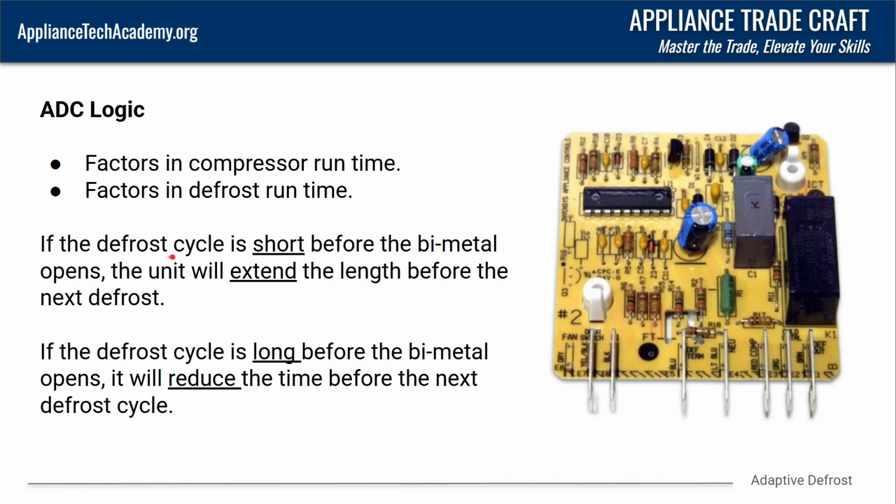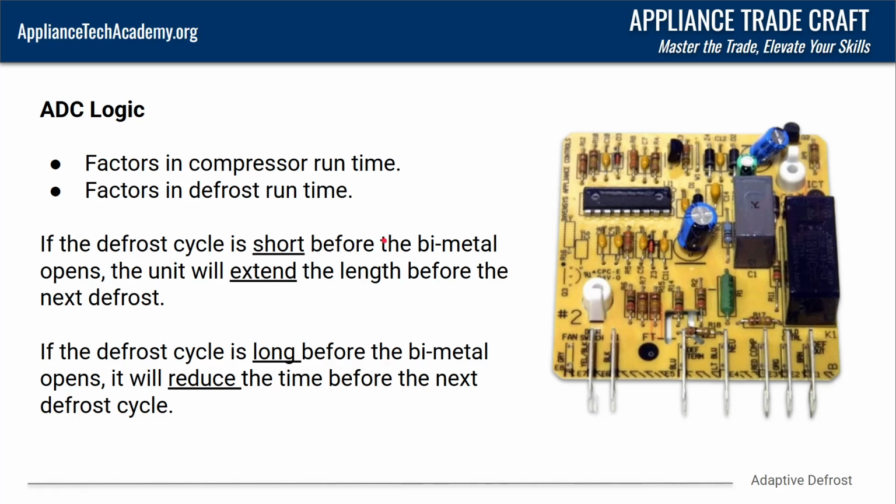If the defrost cycle is short before the bimetal opens, the unit's going to extend the length before the next defrost. And think about it. If it takes 2 minutes to fully defrost an evaporator before that bimetal opens, there's not that much frost on there. So the system thinks, okay, we don't need to run as many defrosts.